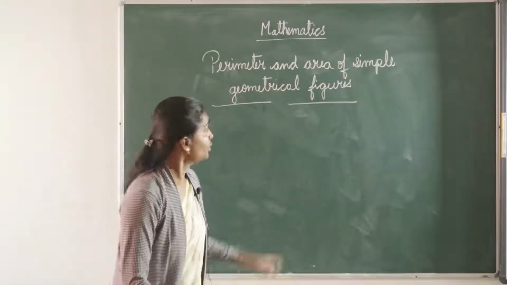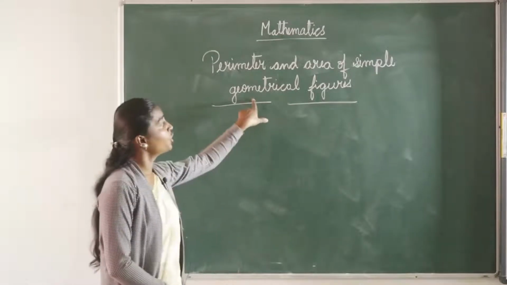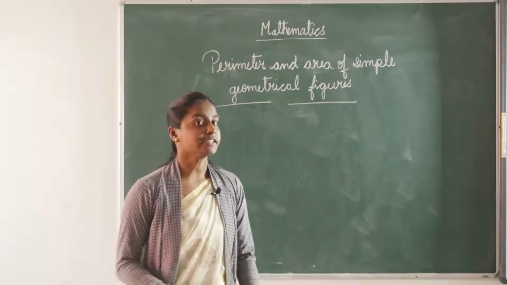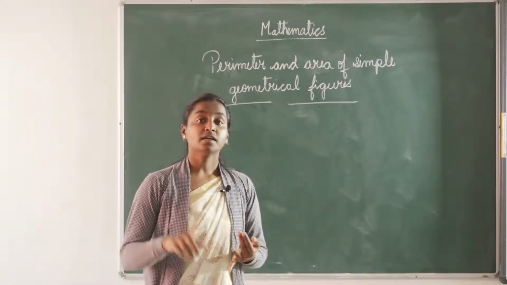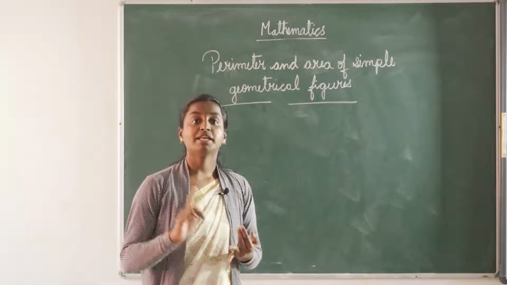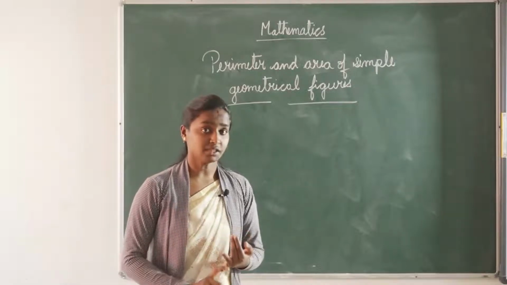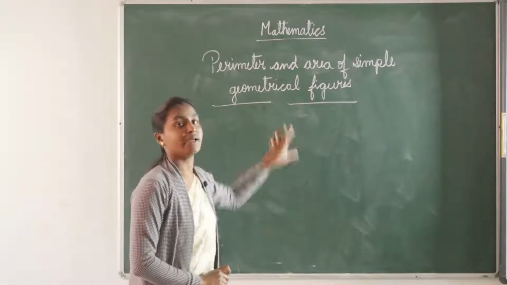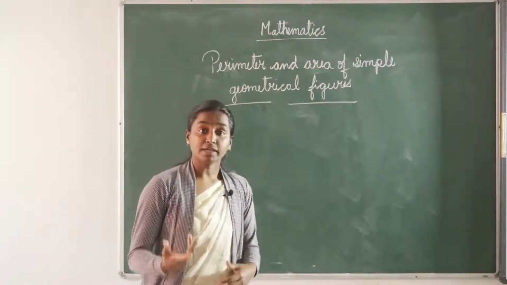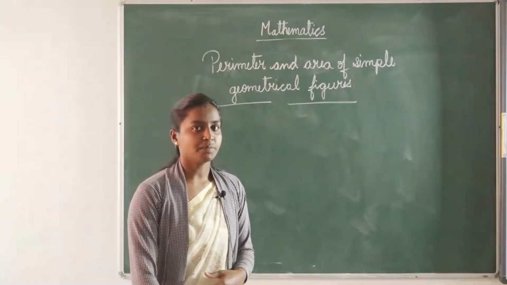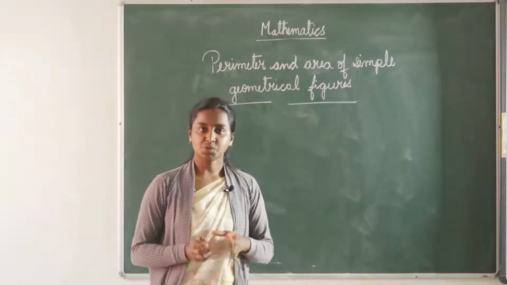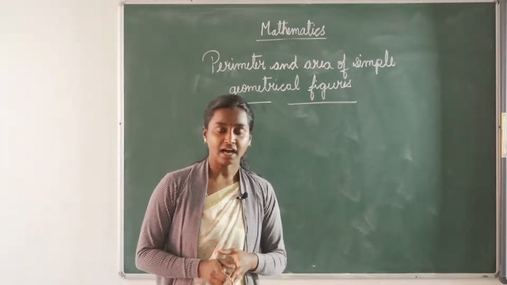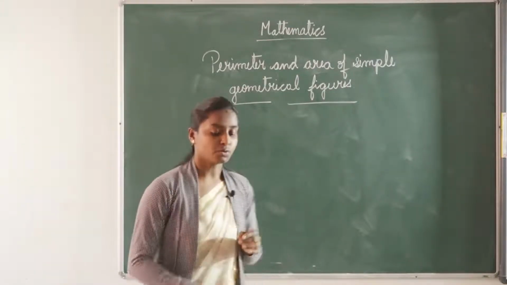If you look at the board, I wrote geometrical figure. In the previous year, you already learnt the meaning of shapes, lines, points and curves. This year we have to learn more about geometrical figures. So, what is the meaning of geometrical figure? A geometrical figure is a figure or area closed by a boundary.